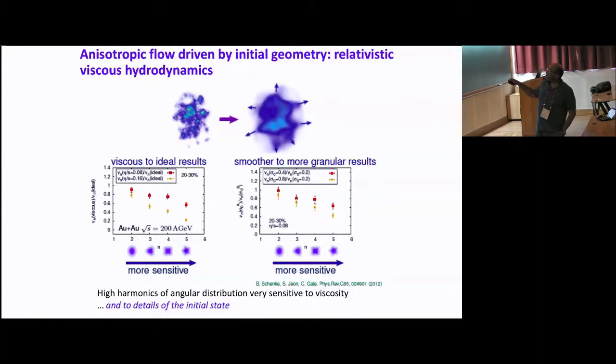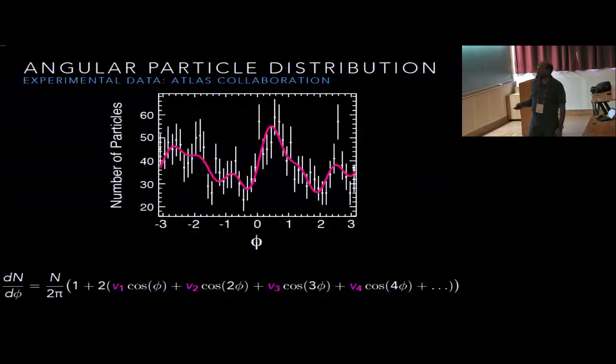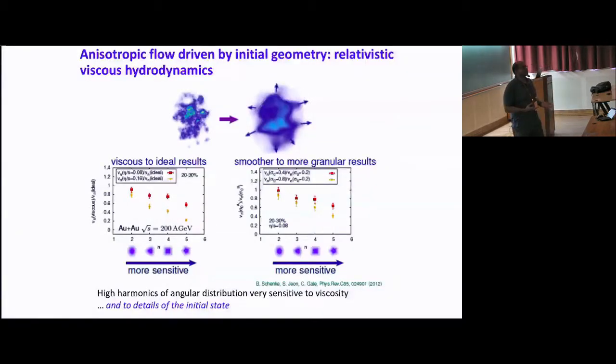And likewise, if you had some granular structure inside your fluid, okay, then depending on the size of that granularity, the structure, that also has an effect. So if your granularity is 0.4 divided by 0.2 or 0.8 divided by 0.2, you see that has also a big effect on these higher harmonics. So in principle, you can use a measurement of higher harmonics in this kind of way that I talked about here, right, where you extract this from the data, to really learn about eta or S. Okay?